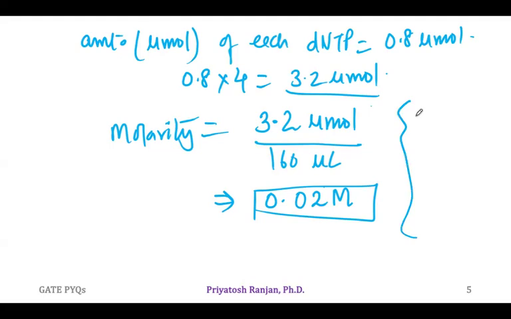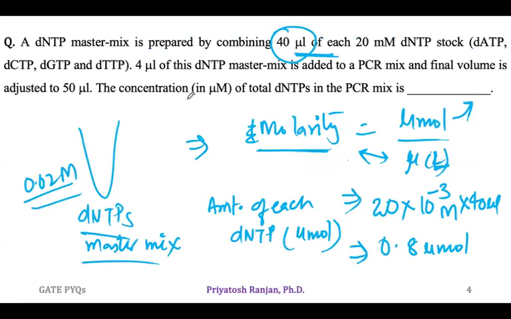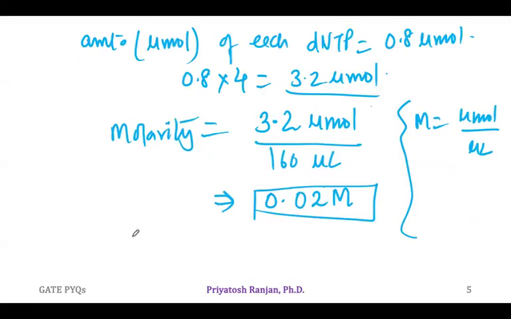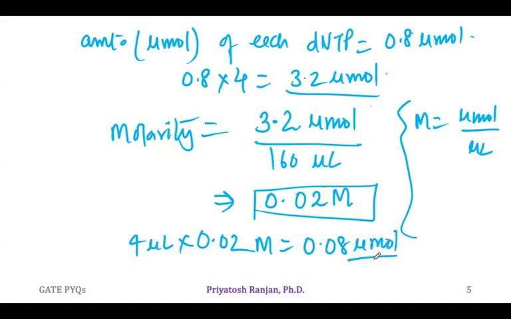As I said, molarity you can calculate by micromole per microliter. So it's given 4 microliter of this dNTP master mix is taken. So 4 microliter into 0.02 molar, and this is going to give you 0.08 micromole. This is amount.